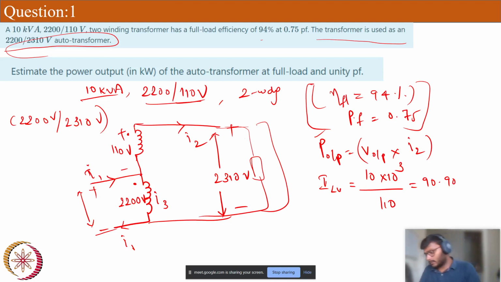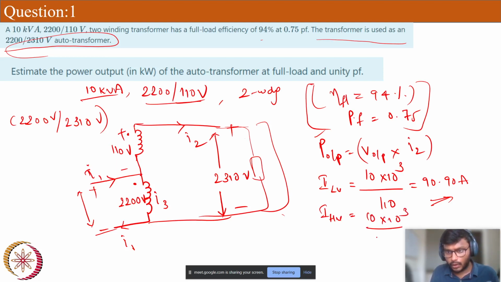Let me get my calculator. 10 into 10 cube divided by 110 is 90.9090 amps. Yeah, 90.90 will do. So this is my LV current. Let's calculate HV as well, it would be useful. 10 into 10 cube divided by 2200.